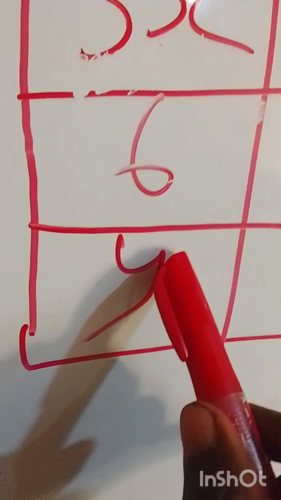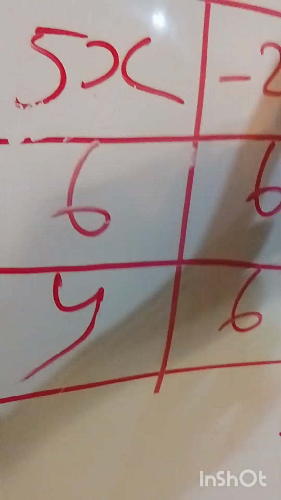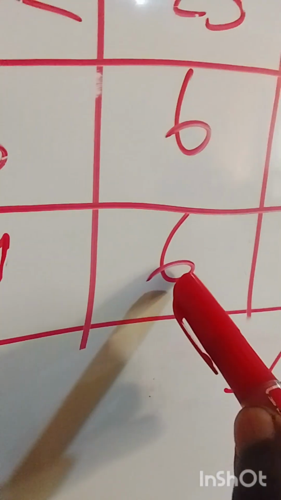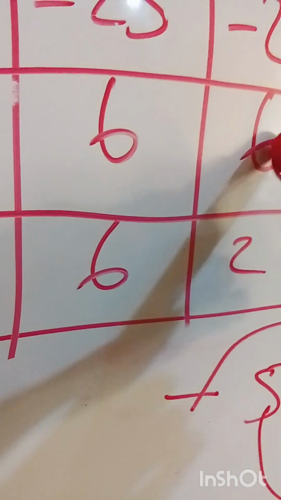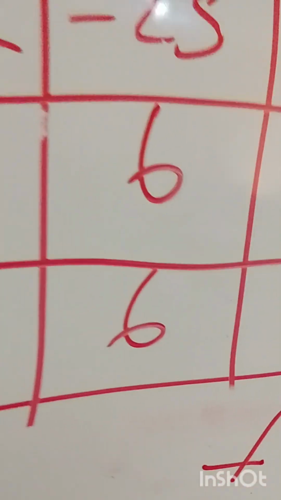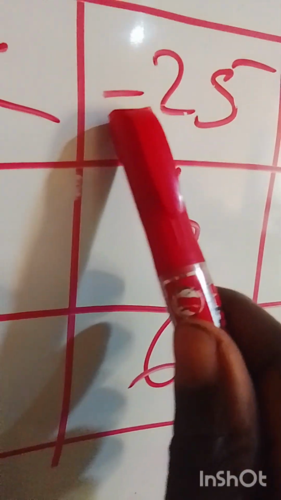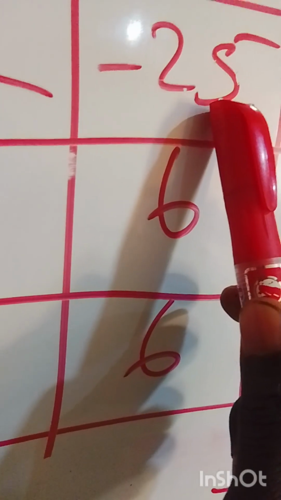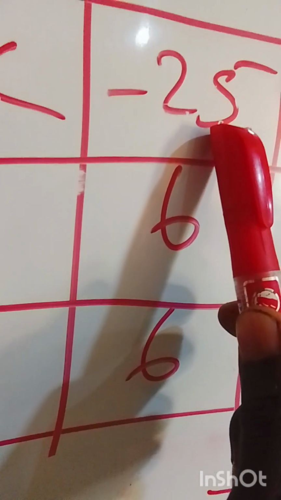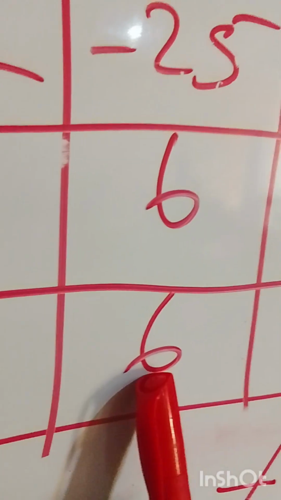Then in getting your y, you will add all these numbers together. You sum up the numbers together. For instance, we say 25 minus 25, we have 0. 0 plus 6 is 6.